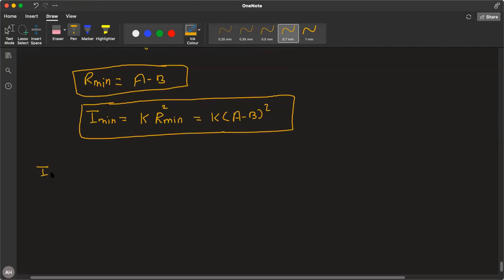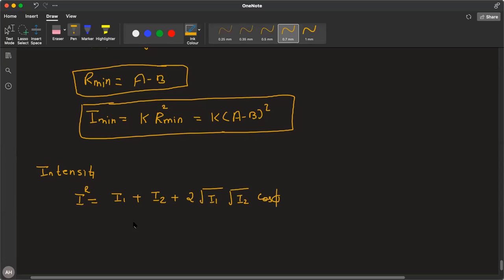We can do one more thing for intensity. See, this is the expression of resultant intensity, which is I1 plus I2 plus 2 root over I1 root over I2 cos phi.